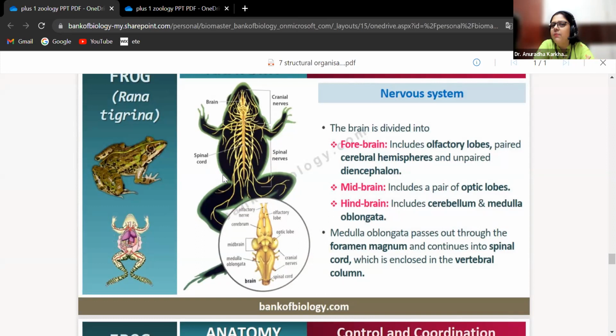Remember, when we studied our brain, I used the word foramen magnum for us too. So even they have this foramen magnum and it continues into a spinal cord just like us, which is enclosed in the vertebral column just like us. Isn't it so much similar to us? Nervous system.